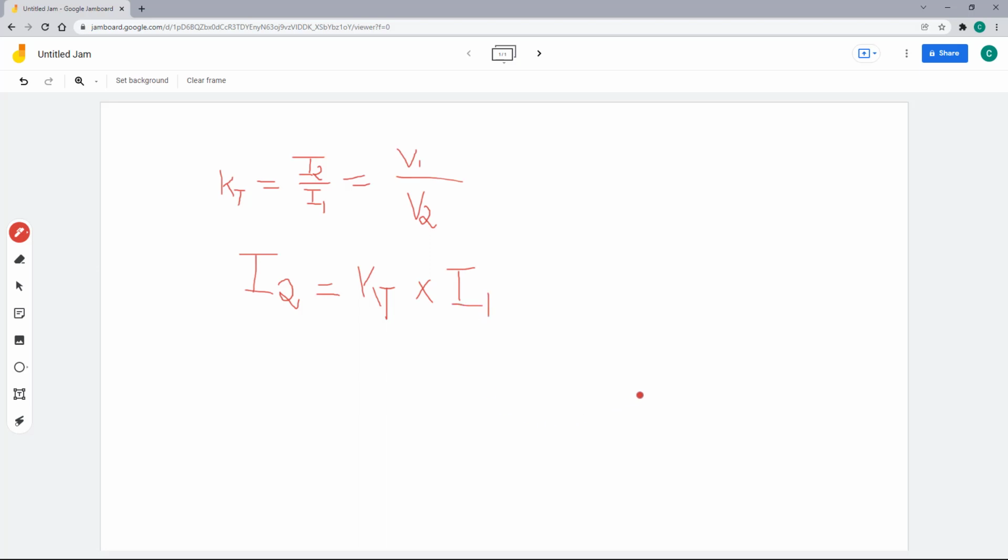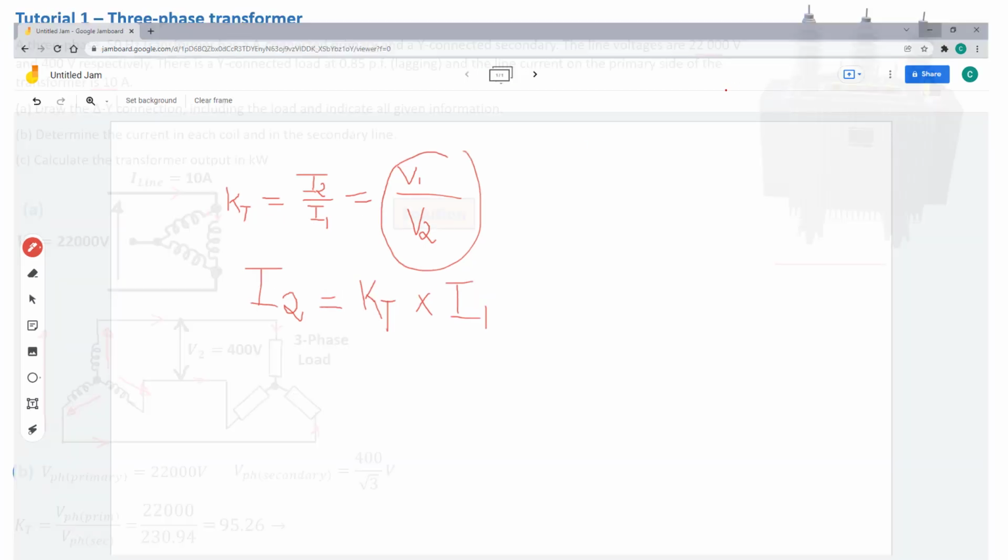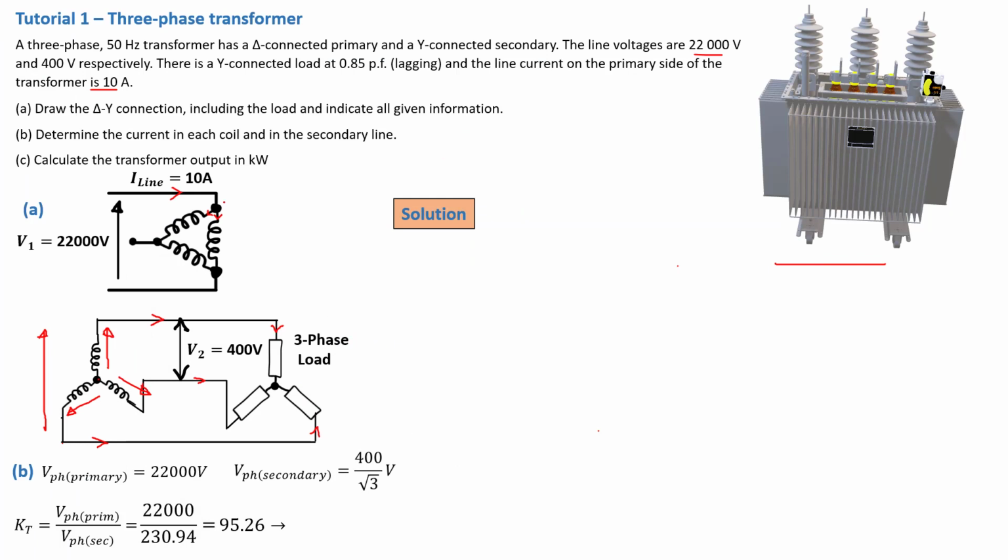Do you agree with me? Since we already found the value of KT using the voltage ratio, we can then calculate the value of I2 by multiplying KT times I1, since we know the value of I1. Indeed, I1 was given here to be equal to 10 amps.